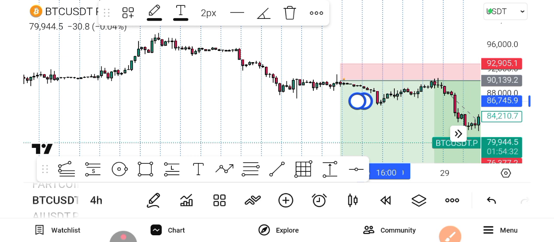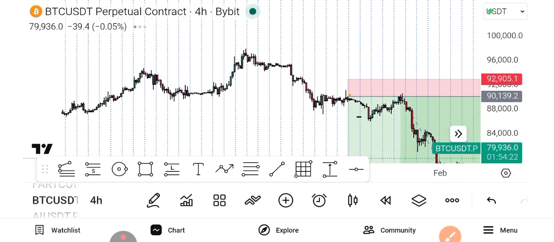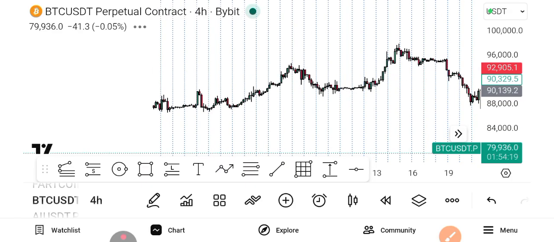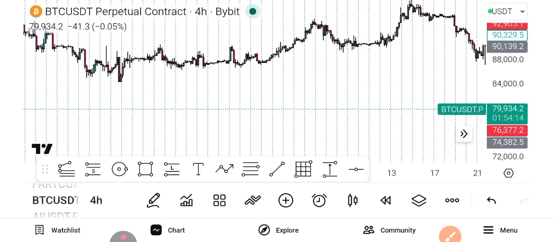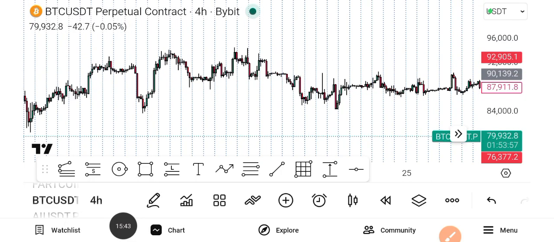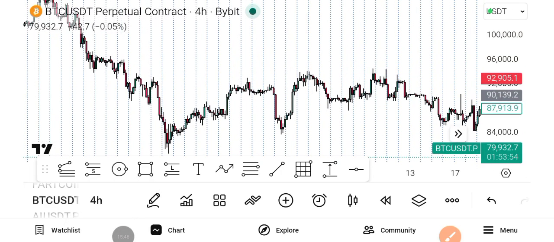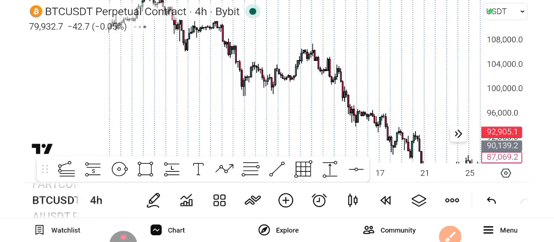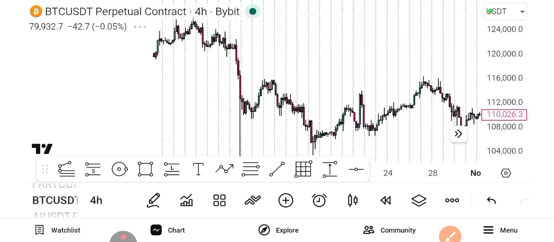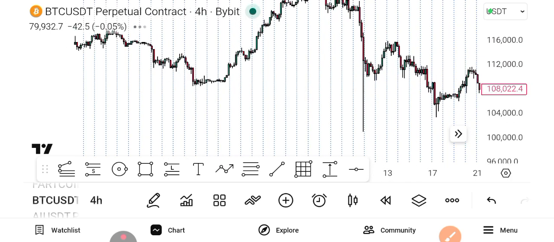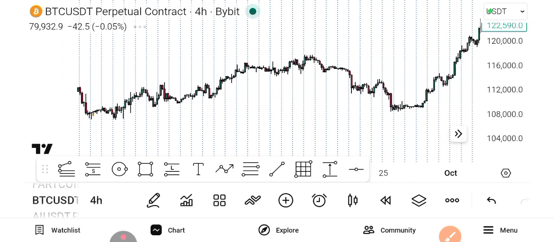So let's then look for the second one, which is called the what? Bullish pin bar. So let's zoom the candle and look for a bullish pin bar. Just a moment.